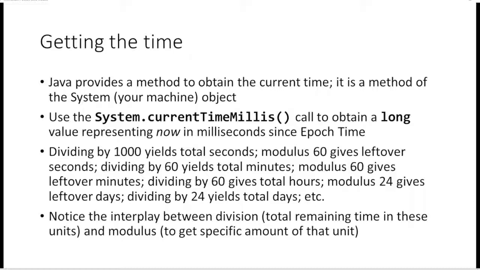Seconds, minutes, hours, days, very complicated because of all the rules. But dealing with time in just straight old seconds or milliseconds, since epoch time, allows us to use an integer and compare it to other integers, or subtract an amount, add an amount, and very easily compute time. It's very practical.